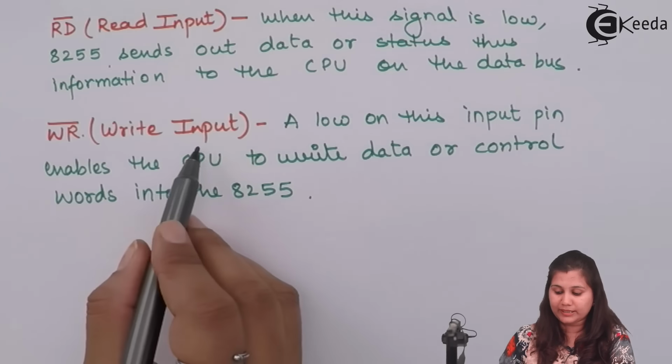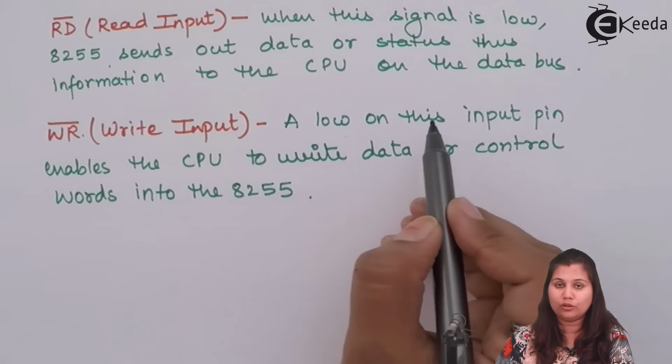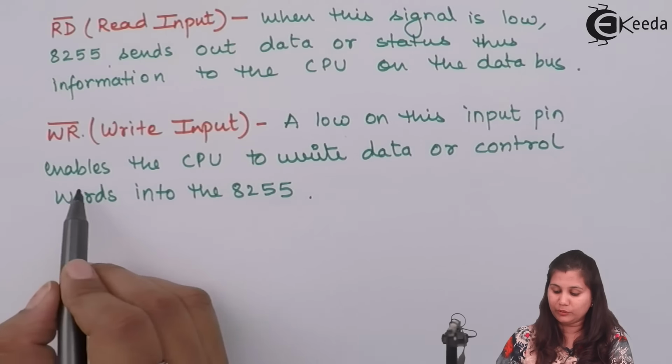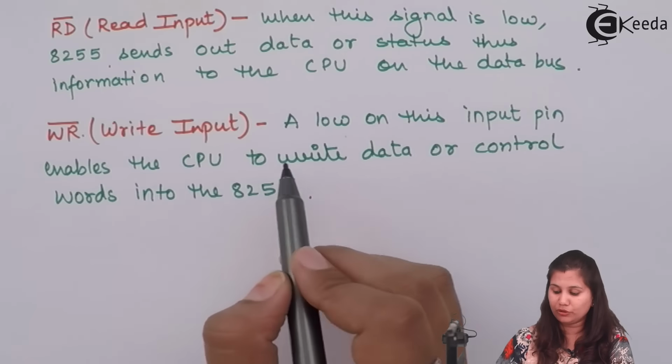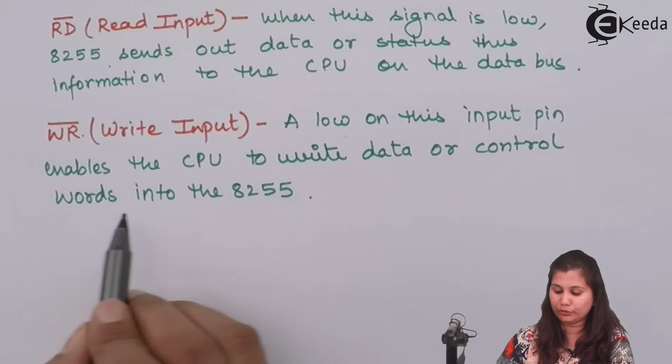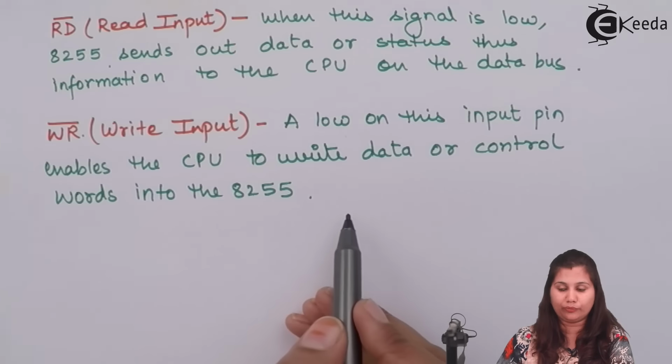So when we have a low on the write input pin, it will enable the central processing unit to write the data or control word into the 8255.